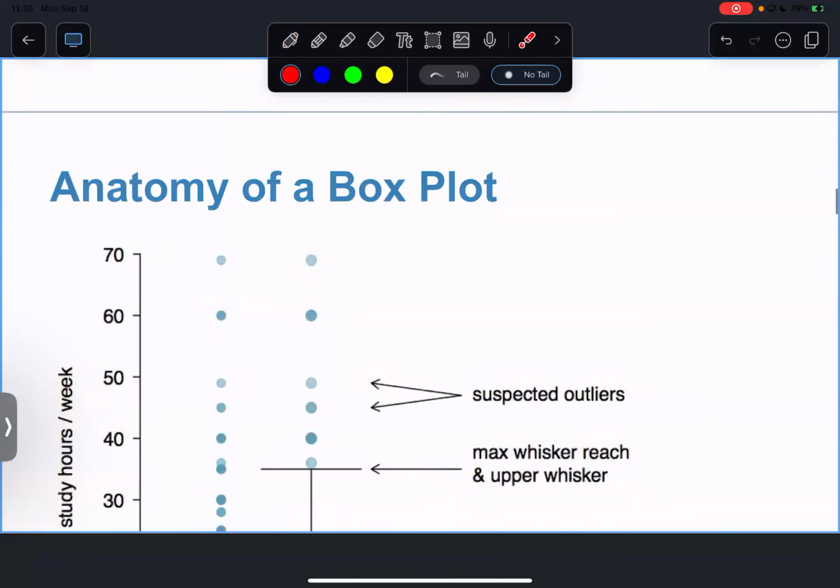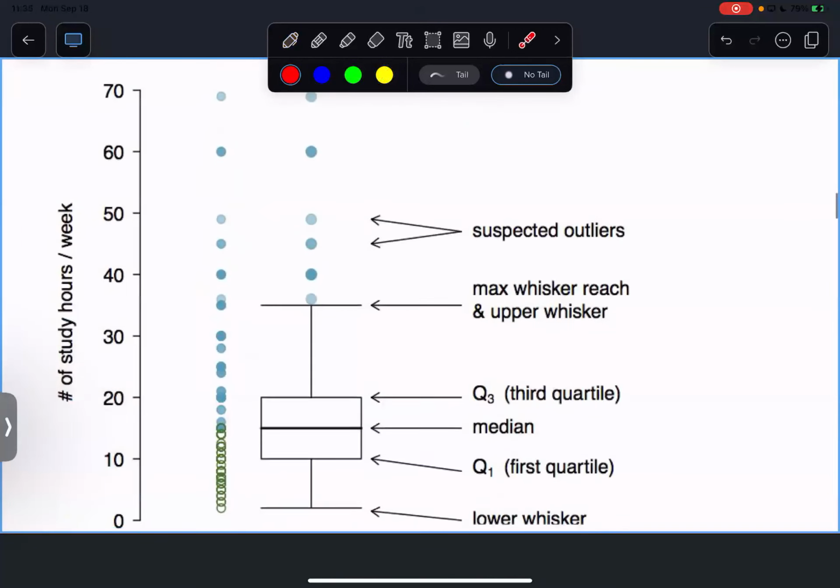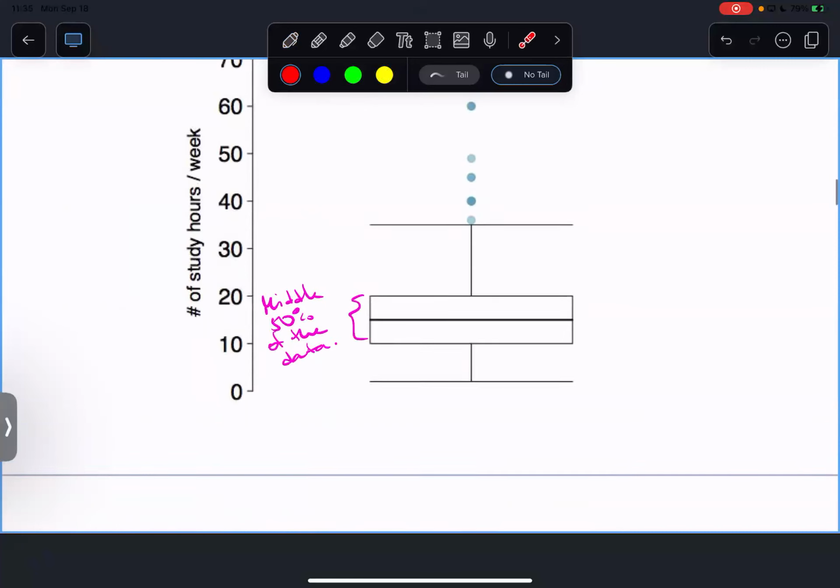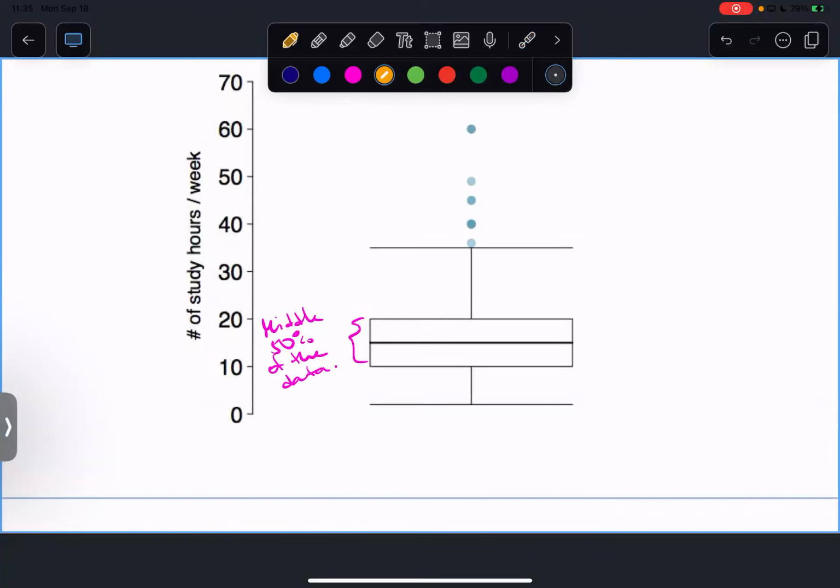And we've got the anatomy of the box plot on the next slide, so I'm going to try to not duplicate too much, but just as a heads up, the thick line in the middle shows where the median is. And then, of course, if it's the middle 50% of the data in the box, then this would be Q1 and this would be Q3. So that's where the meat and potatoes are, right? The middle 50% of the data. And then we kind of let things happen on either side.